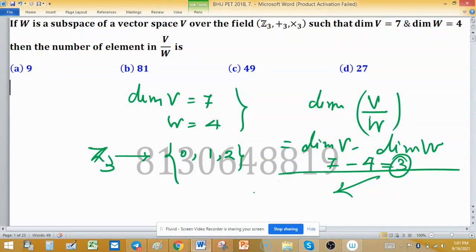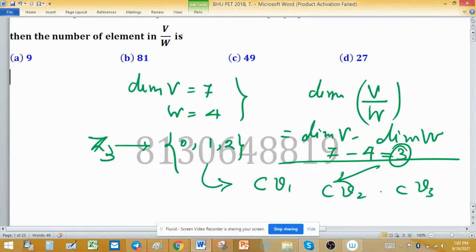If we multiply these vectors by a constant c coming from Z3, then c v1, c v2 and c v3 will be new elements in the quotient space. So this is the role of the dimension in this problem.